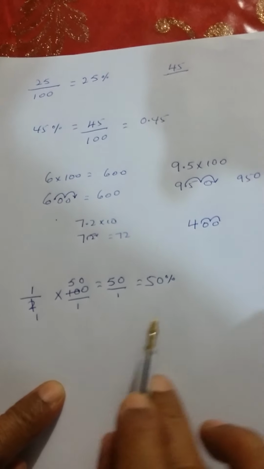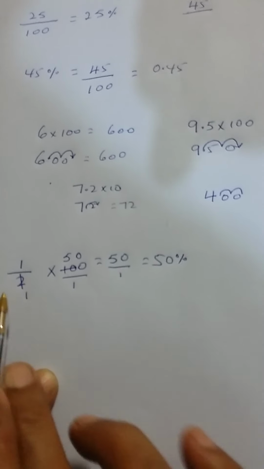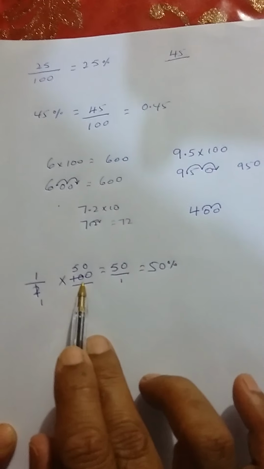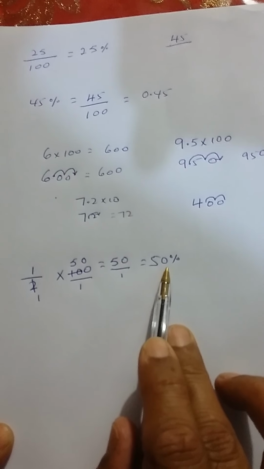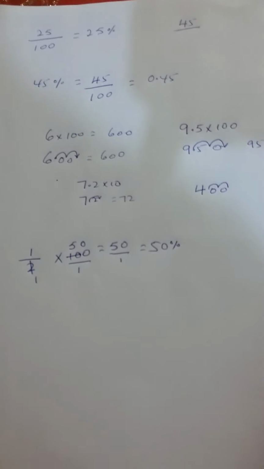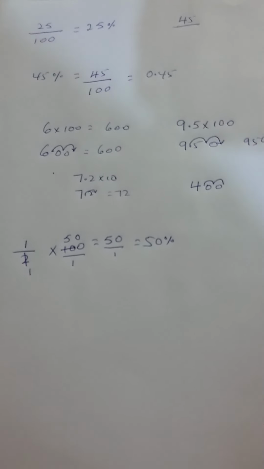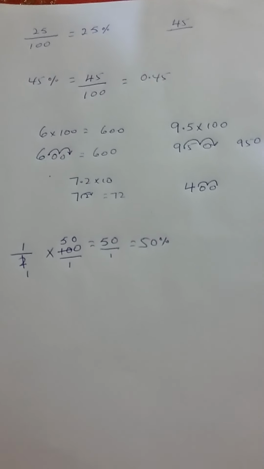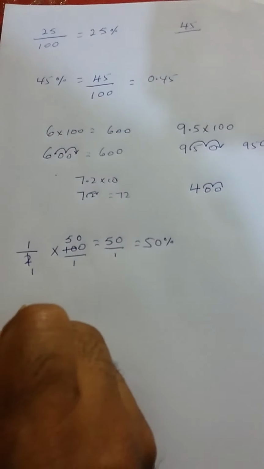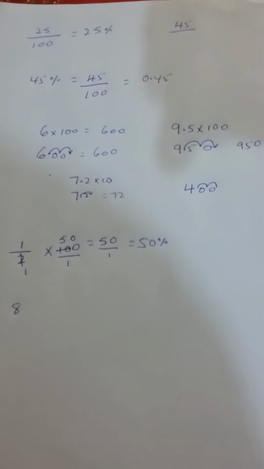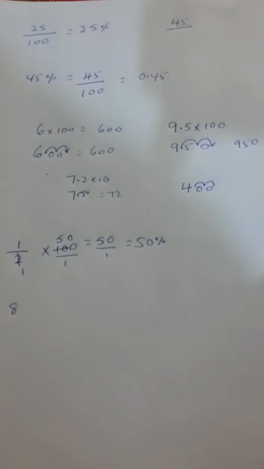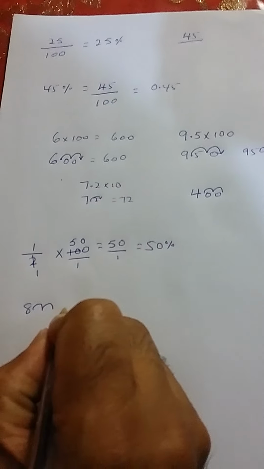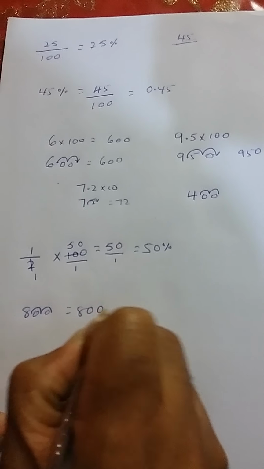I'm sure you remember that 50% is really a half. So to get a half as a percentage, we said a half times 100 and we get 50%. So the rule is: to convert any number, a fraction, a decimal, a whole number, to a percentage, you simply multiply by 100. So if I want to write 8 as a percentage, I just say 8 times 100, and I get 800%.